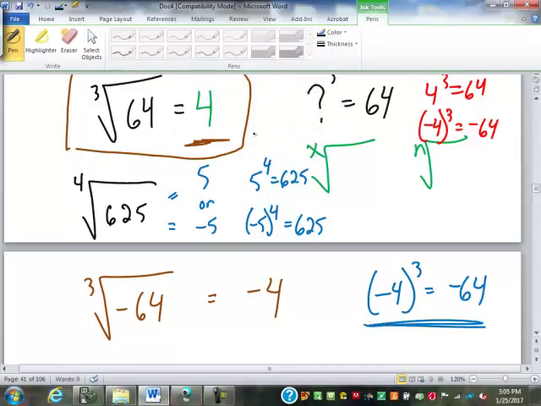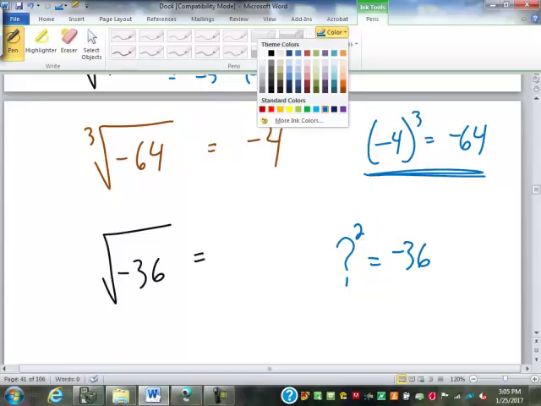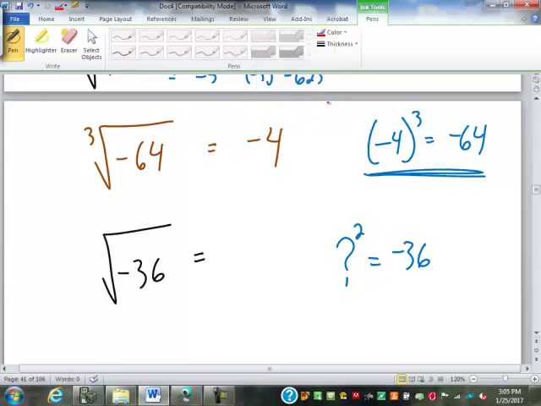However, if we go back to our even roots, what's the square root of a negative 36? Remember, that's asking us what number squared equals a negative 36. Well, what do we know about a number squared? The result is always going to be what? You've got that confused look on your face like you just punched it in your calculator and you got something unexpected.